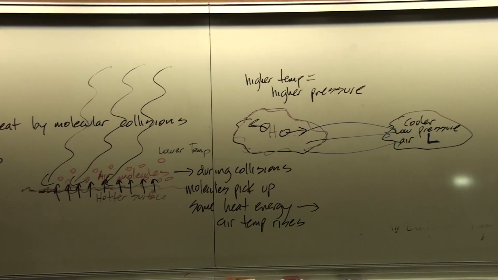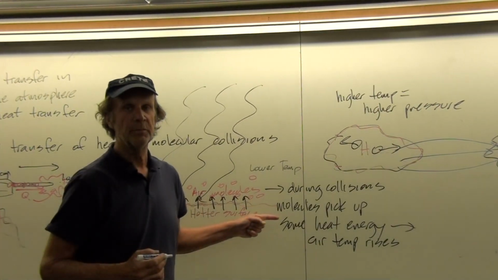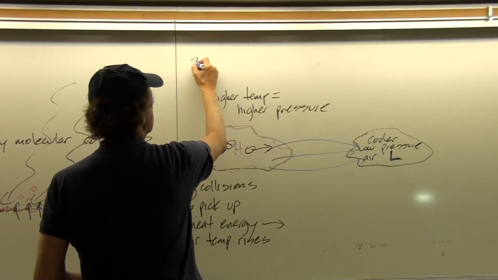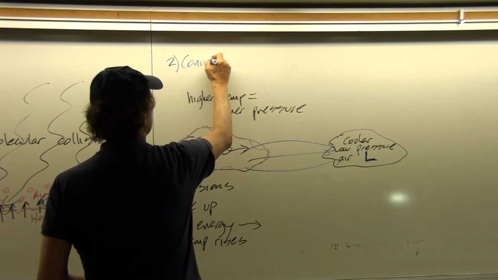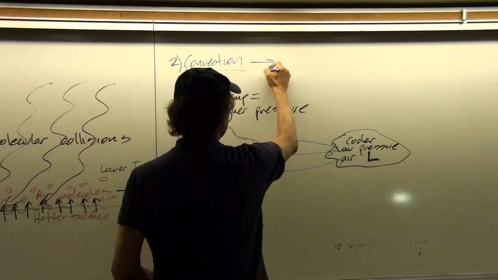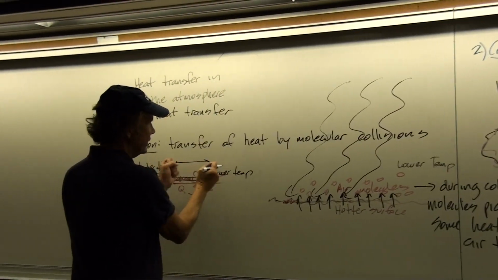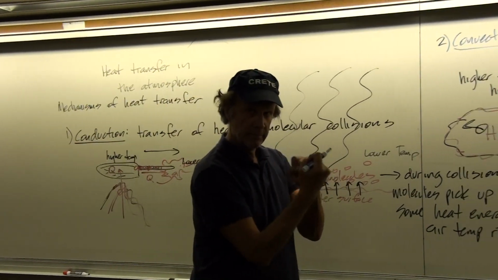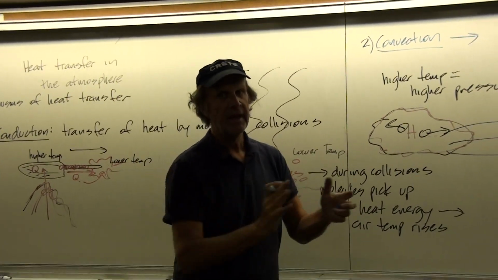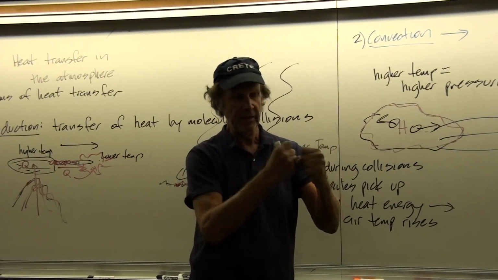And so look what's happened then. We've gone from conduction to the second type of heat transfer mechanism, which is called convection. Now in convection, instead of there being molecular collisions, where one molecule bumps against the next one and that chain reaction is sent along, these molecules say, hey, I don't want to bump into you.